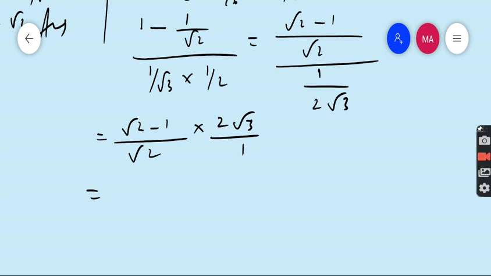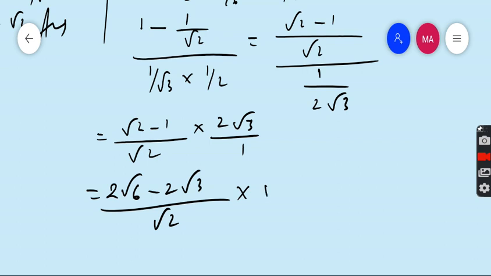Multiply 2 root 3 by root 2 is 2 root 6, and 2 root 3 by 1 is 2 root 3, and root 2 by 1 is root 2. Multiply and divide by root 2 by root 2.